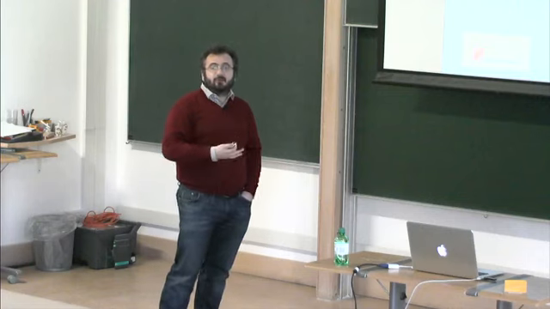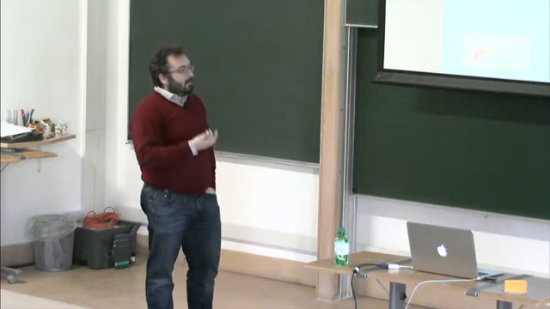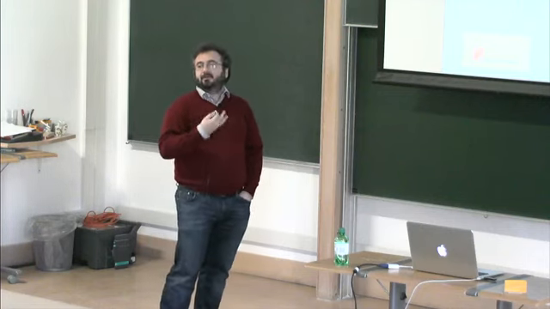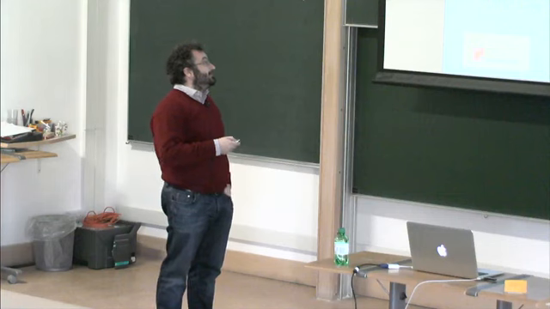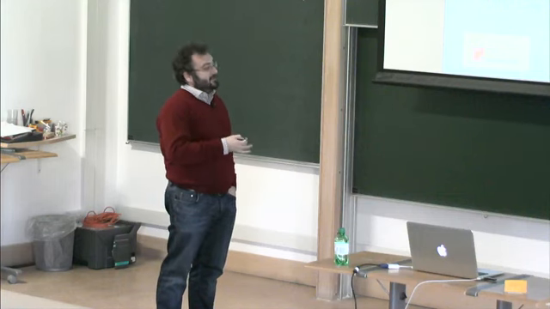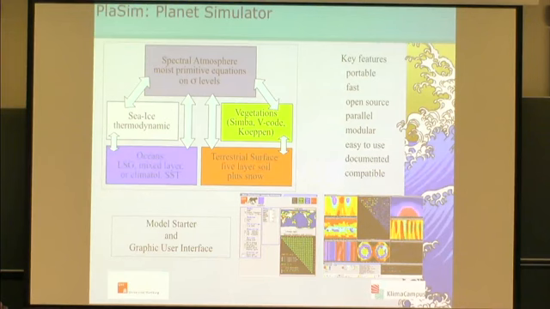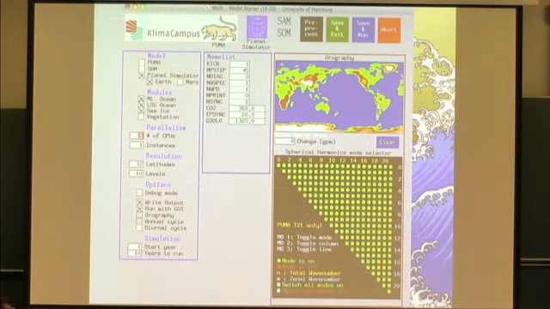If we want to look at large-scale properties, we don't necessarily need all the details to study them. Also, this model is flexible, so we can study a vast range of climates. And for those of you who are interested, it even has a graphical user interface. One can play, as an example, by killing some spectral modes and so on.